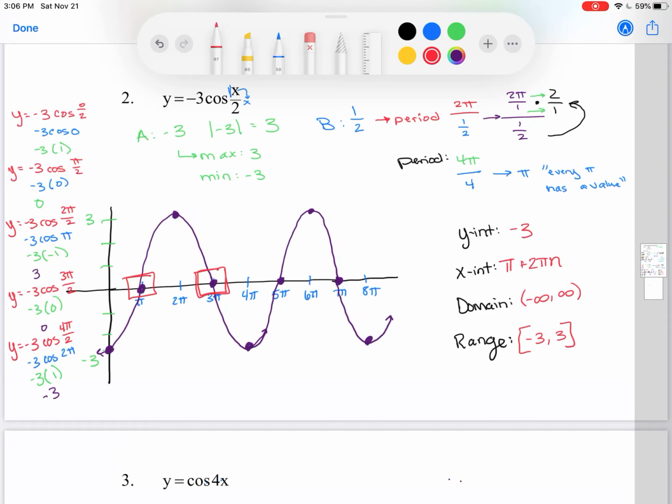So that is your x-intercept, pi plus 2 pi n. Domain is going to be -infinity to +infinity. It will always be that. And your range is your amplitude going from -3 to +3. And there you have it. You have your 4 bits of information.